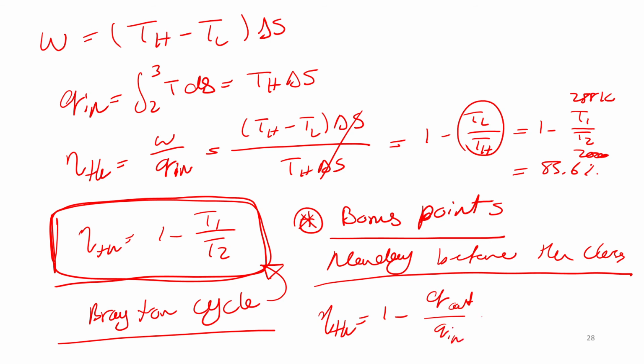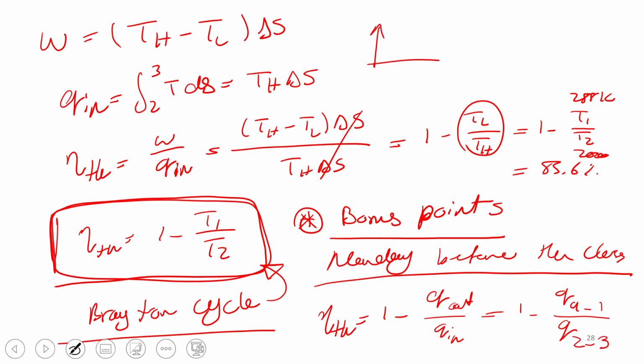Which in this case is 1 minus Q 4-1 over Q 2-3, based on the Brayton cycle's TS diagram, points 1, 2, 3, 4.